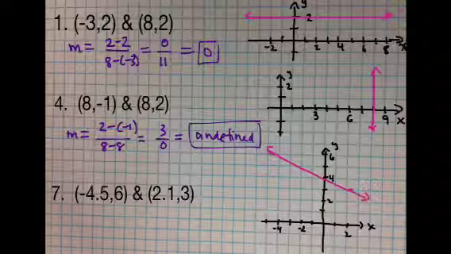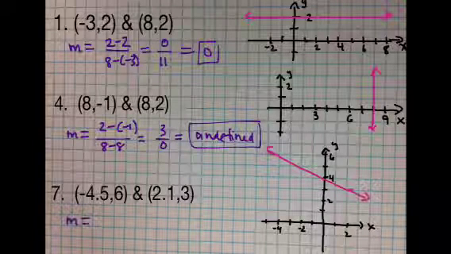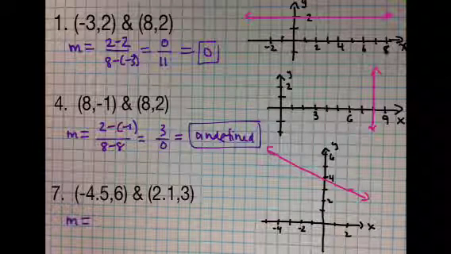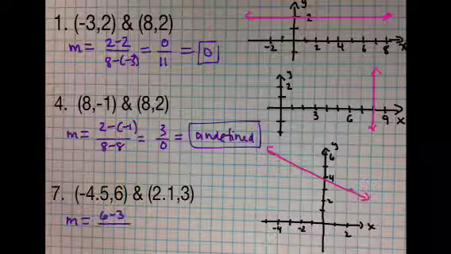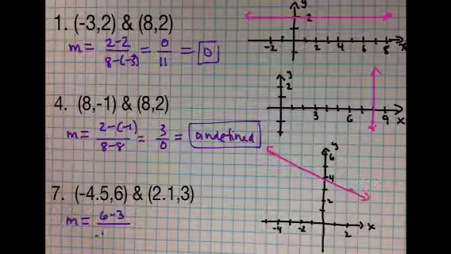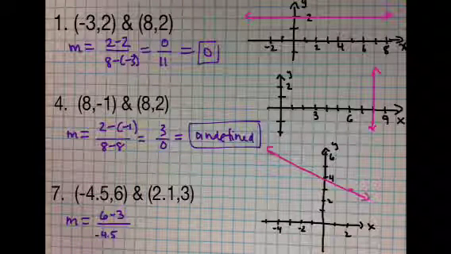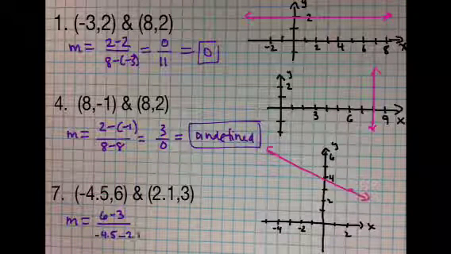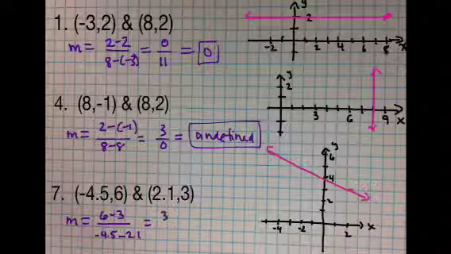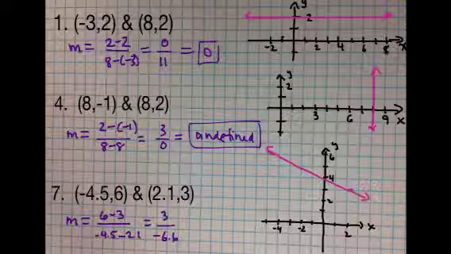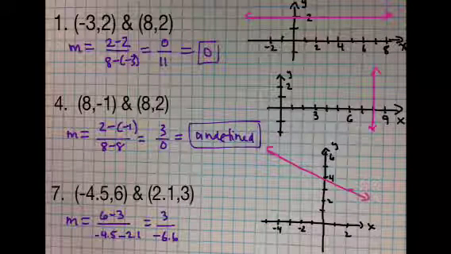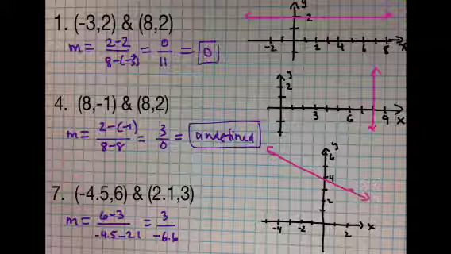So it's going to be difference. I'll start with the first point, 6 minus 3 over negative 4.5 minus 2.1. So that gives you 3 over negative 6.6. So I showed you how to address this when you have a decimal and a fraction.